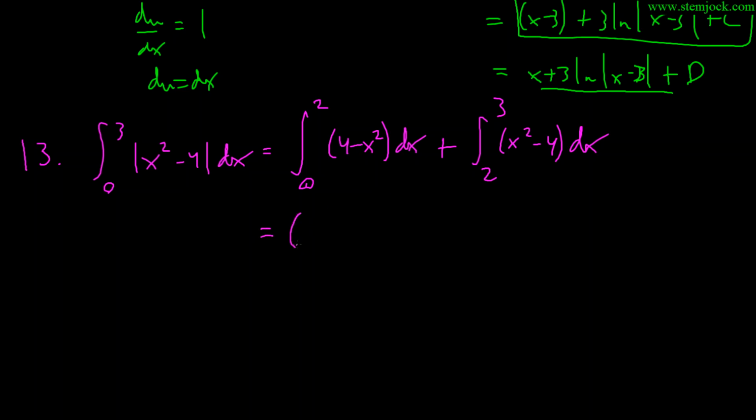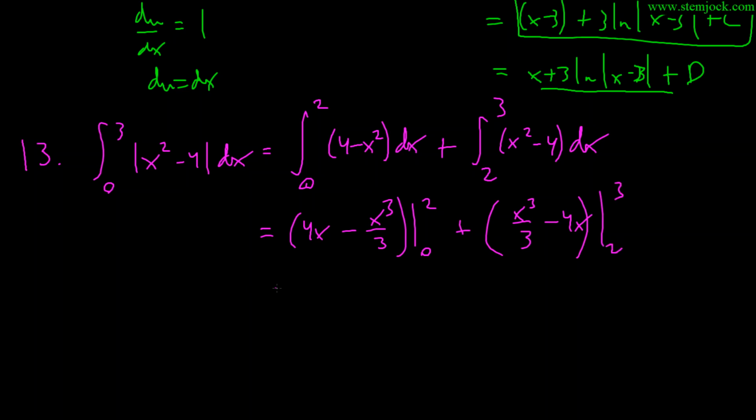So this is going to be 4x minus x cubed over 3, evaluated from 0 to 2, and then plus x cubed over 3 minus 4x, evaluated from 2 to 3. So this here is going to be 4 times 2 minus 2 cubed over 3, minus, if I plug in 0 for x in both terms, I get 0.